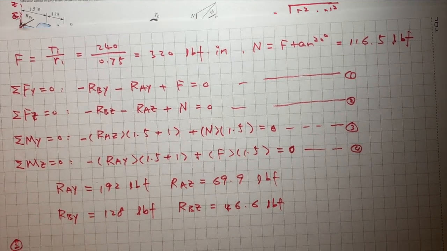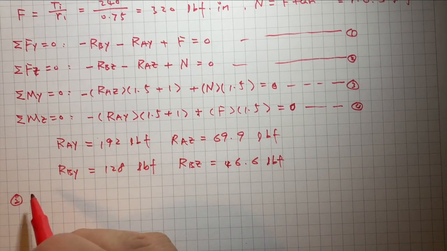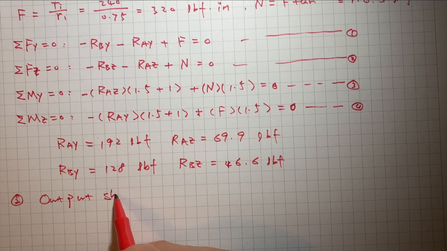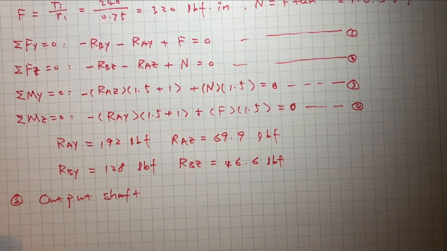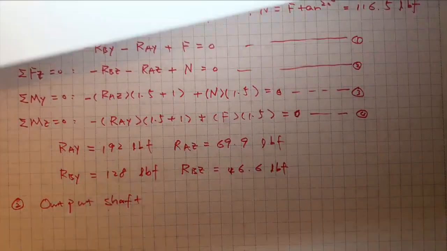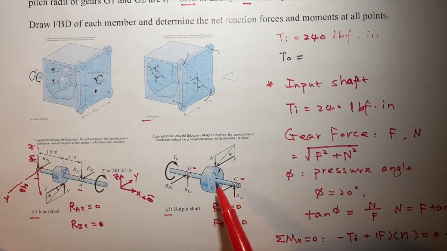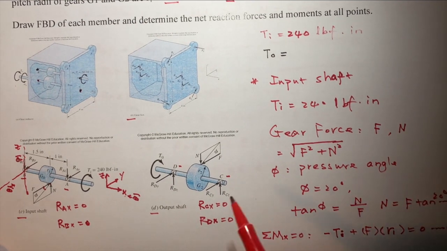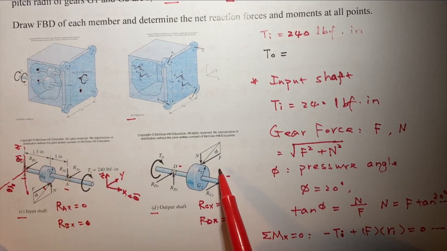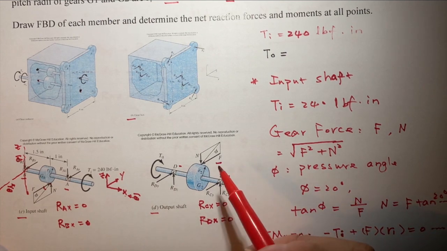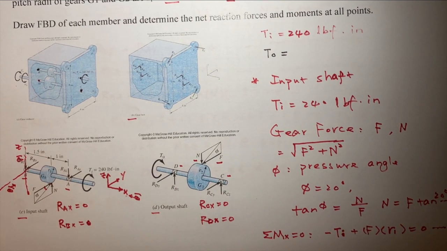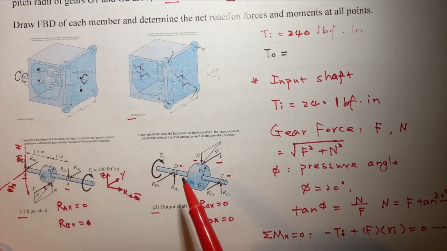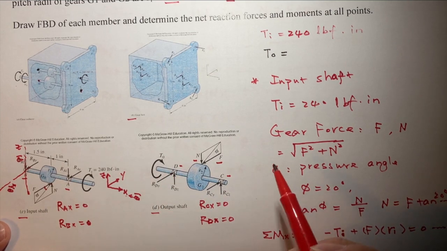Now let's look at the output shaft. We know N and F on gear 2, since gear 1 and gear 2 are an action-reaction pair. We also know the output torque.